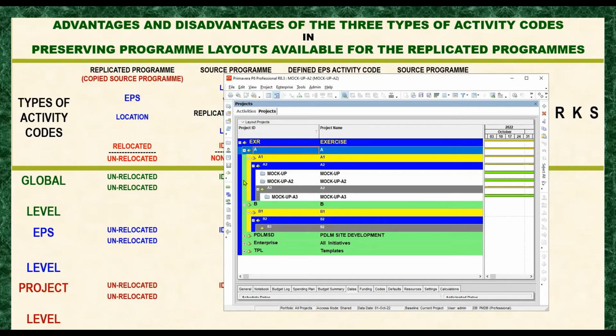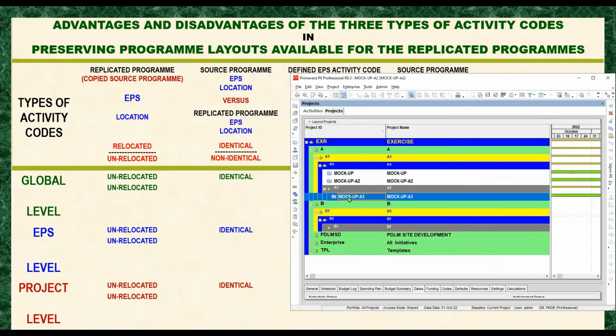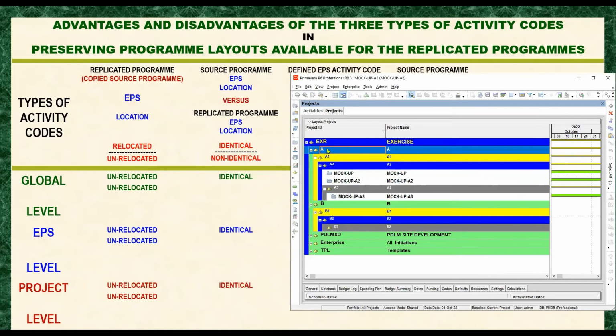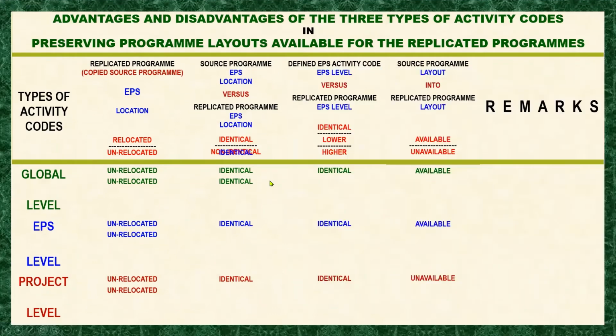When we say relocated, it should be put on the other EPS, let's say B, but it is not. So it is unrelocated. And when it comes to the identicalities, it is still identical because both of them are still on the EPSA, right? So let's put it here, identical.